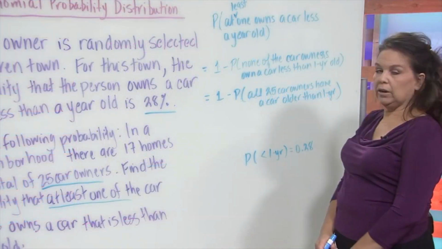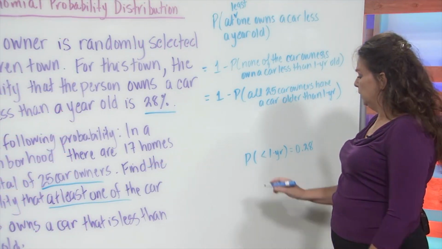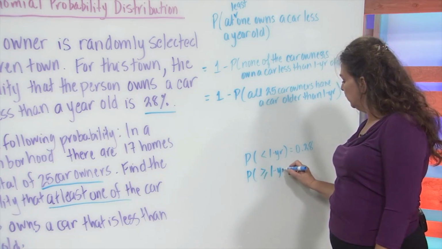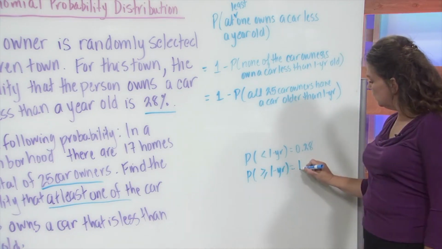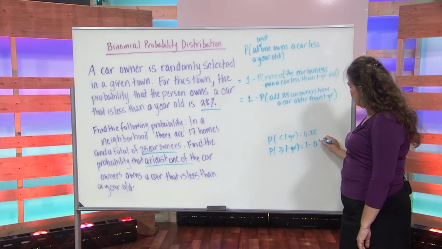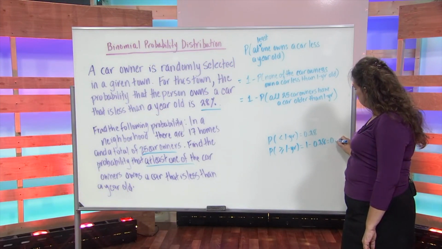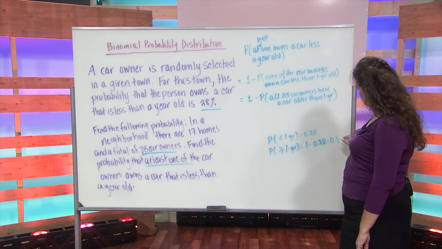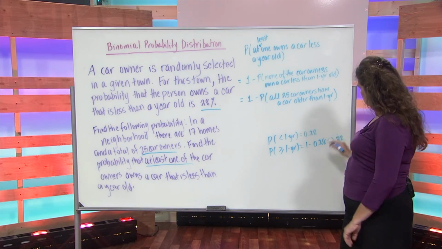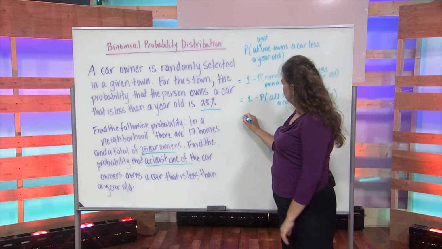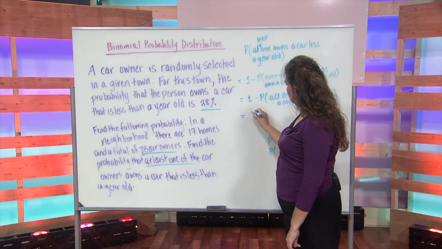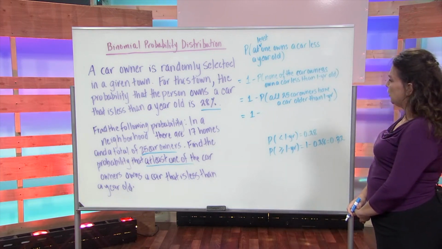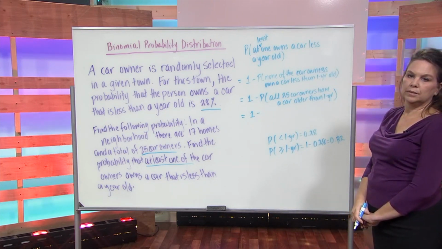So having a car older than 1 year, greater than or equal to 1 year, would be the complement. So 1 minus 0.28 gives us 0.72. So this is equal to 1 minus, and we're going to use our binomial PDF formula here.